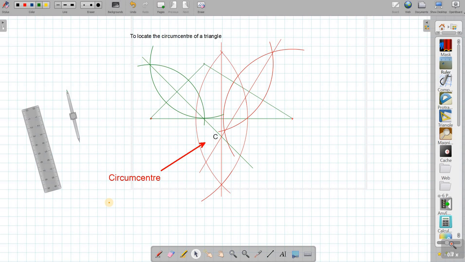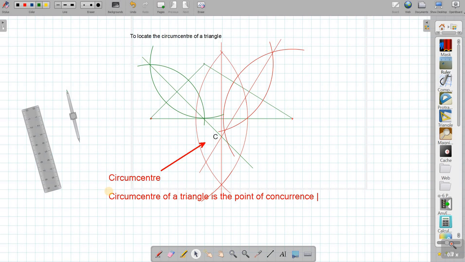Okay, I will type it again, C-I-R-C-U-M, circumcenter of a triangle, T-R-I-A-N-G-L-E, circumcenter of a triangle is the point of concurrence.